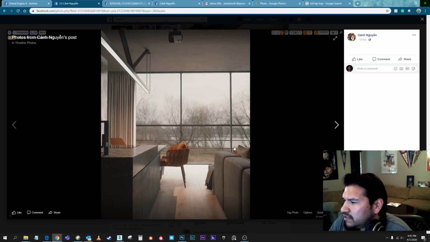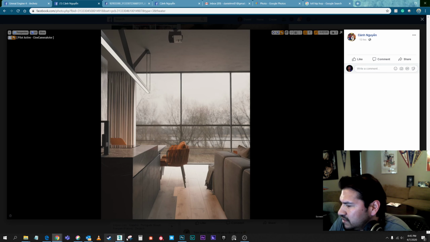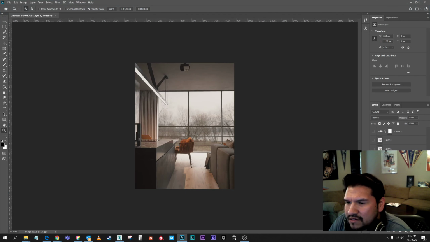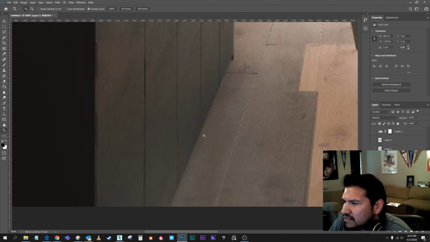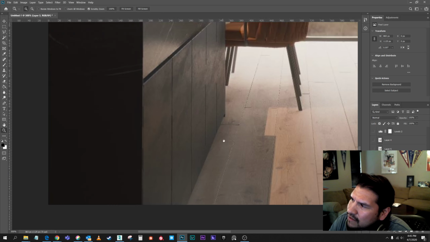We all know about ambient occlusion, so there could be some ambient occlusion that we could take a look at. I've done a few little tests here. Even down here you can see there's very little ambient occlusion going on down there.